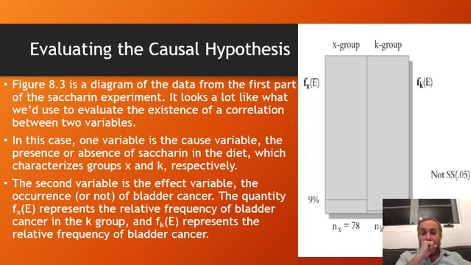One variable is the cause variable, the presence or absence of saccharin in the diet, which characterizes the two groups, the experimental group and the control group. The second variable is the effect variable, the occurrence or not of bladder cancer. We have 9% in the experimental group, and I think 1% in the control group.